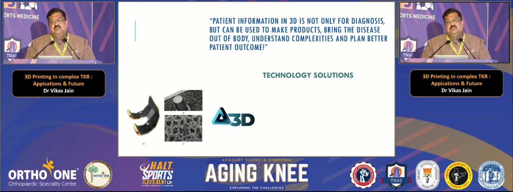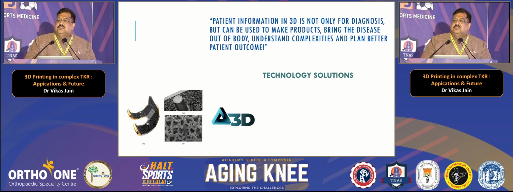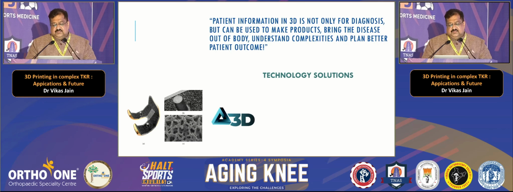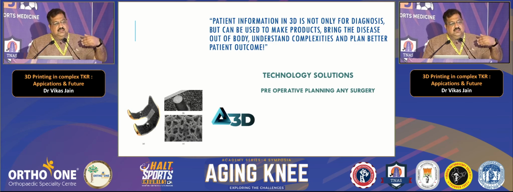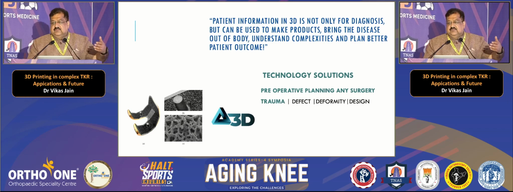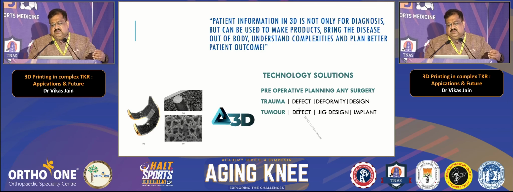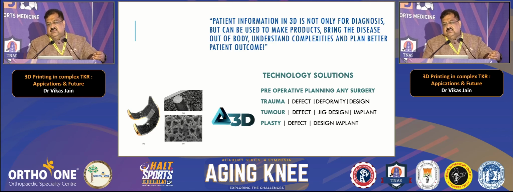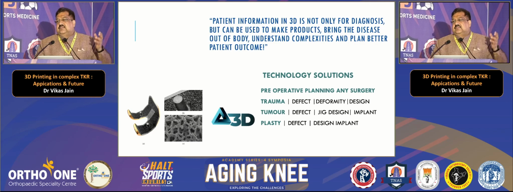So this is how we have to look at 3D technology. It is not just doing a CT scan or an MRI scan to make a diagnosis or take better patient decisions; we can also use that further now. There is a lot more you can do with the information we get from either a CT scan or an MRI. To start with, this technology is basically anything where we get information in 3D.